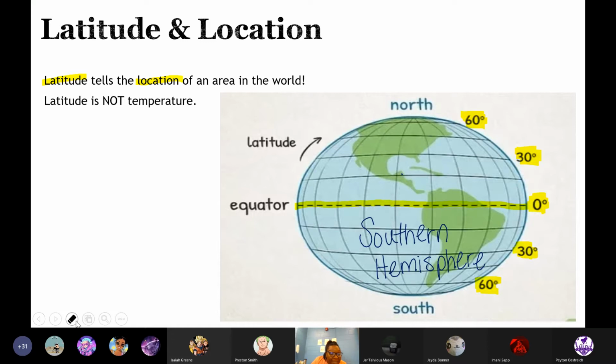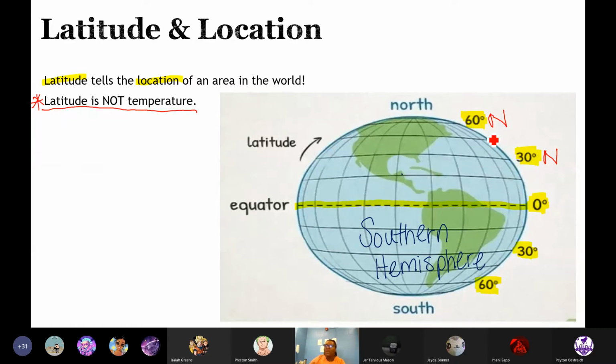So it makes sense then, what we wrote here is our second little star statement, an important point we don't want to forget: latitude is not temperature. We are not talking about temperature when we see those degrees there. To be more specific, we could say 60 degrees north, 30 degrees north, okay? We're talking about where it is in the world, the location, not the temperature.